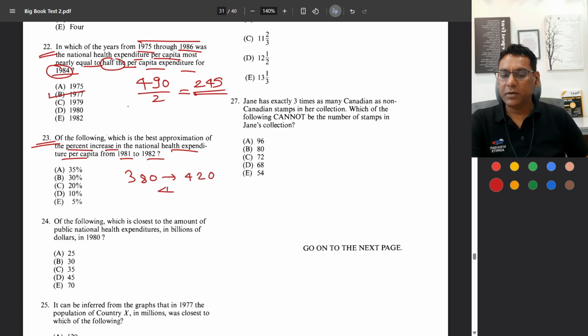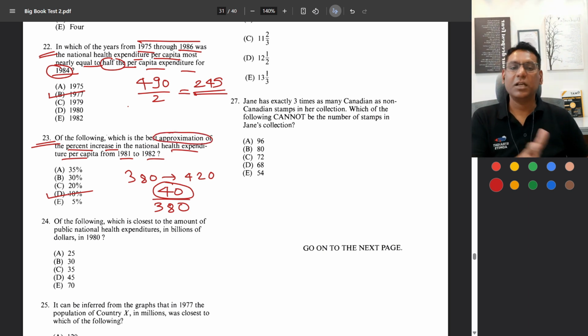It has demonstrated a 40 point increase over the base of 380. So that means it is going to be something more than 10%. If it was 10%, this would have been 38. Slightly more than 10%, so the closest answer choice here is D, 10%. They're using approximation. Anyway, the answer choices are not very close.